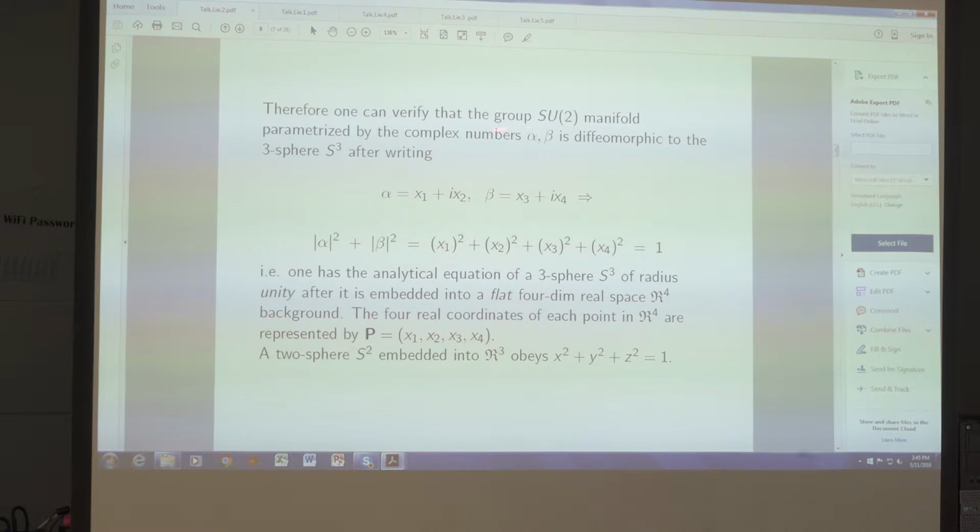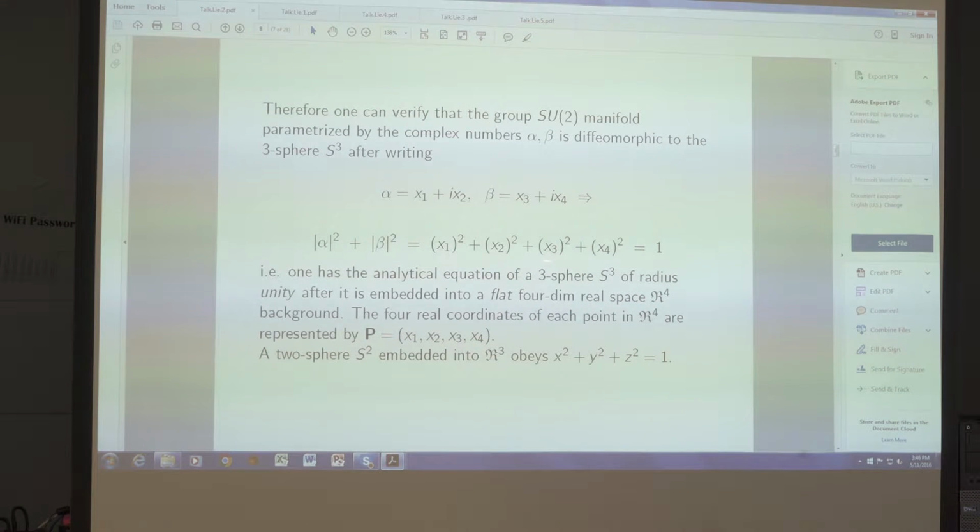So therefore, I can verify that the group SU2 can be thought of as a manifold that is parametrized by two complex numbers and is diffeomorphic to the 3-sphere. Because if I write alpha in terms of its real and imaginary values, and beta in terms of its real and imaginary values, the determinant becomes this equation, and this is the equation of a 3-sphere of radius unity, embedded in a flat space in 4 dimensions.